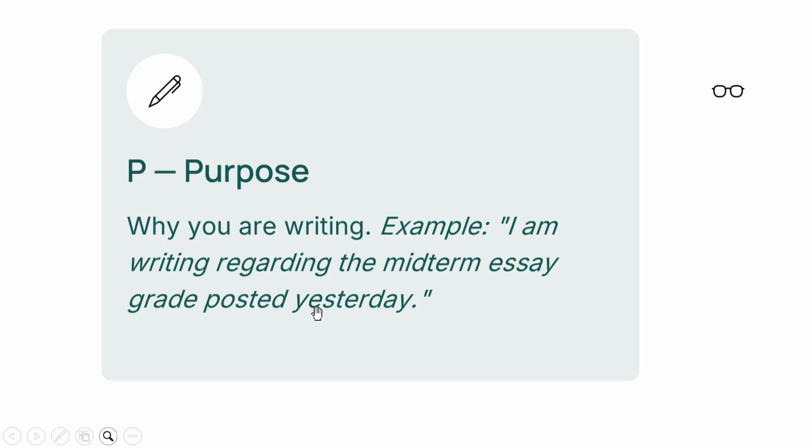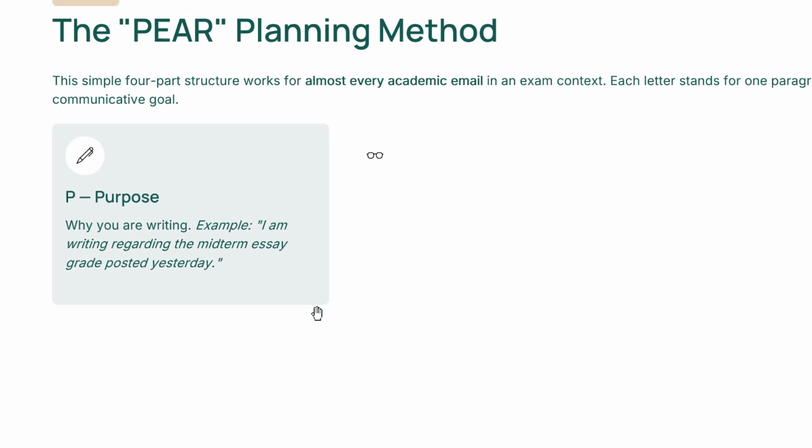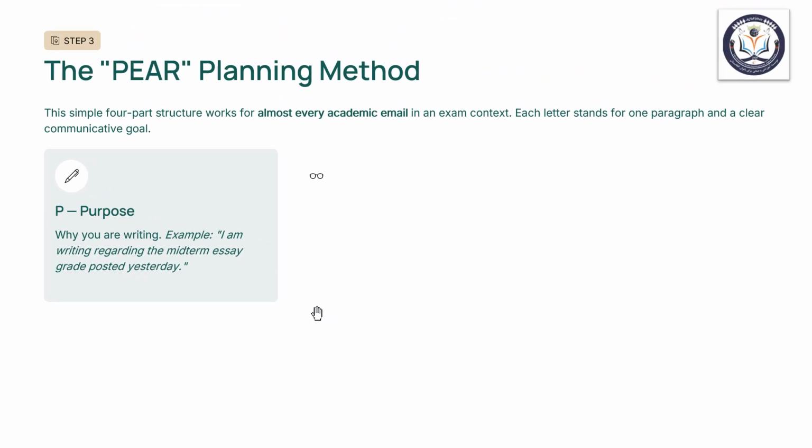It shows the purpose of your email, and it is usually the first sentence you write. So it is the purpose sentence. It is the first part. PEER, P stands for purpose.